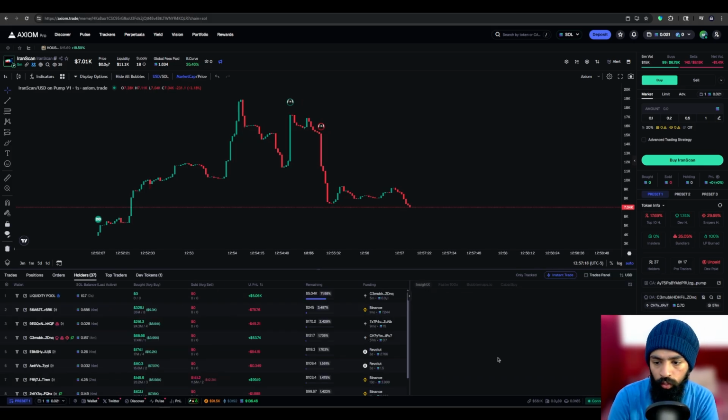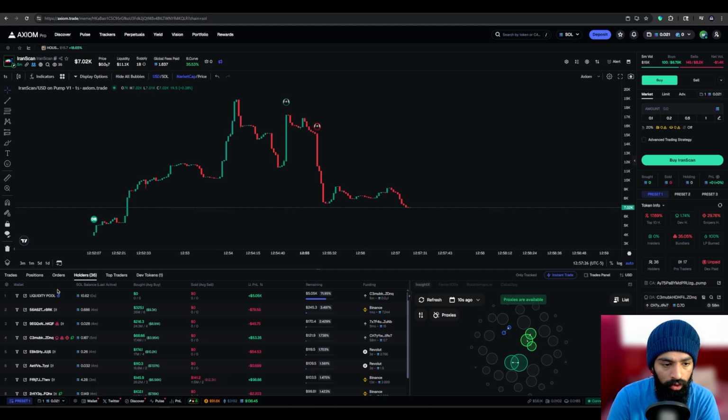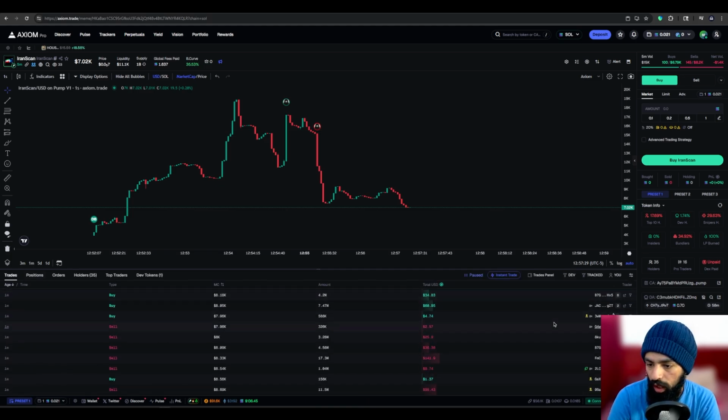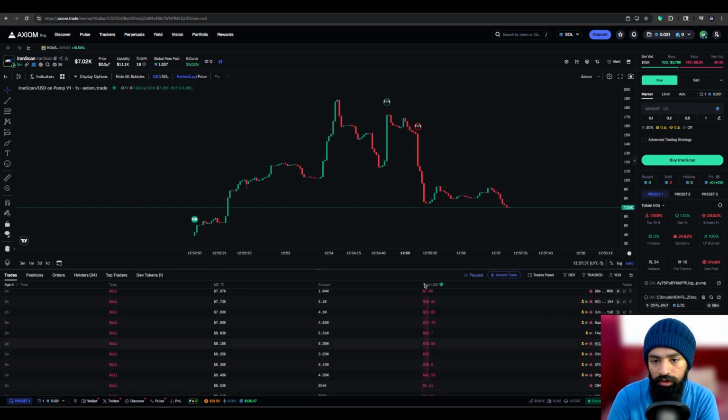Bundler basically means one wallet has funded a bunch of different wallets to make it seem like a bunch of wallets are buying into this coin, but it's just one person controlling all of these wallets. This is usually not a good sign, and we can see this coin had a lot of bundler movement. 34% are bundled, so 34% of the volume you see in this coin is basically faked, right? It could be more, but that's just the estimate that Axiom Pro gives you.